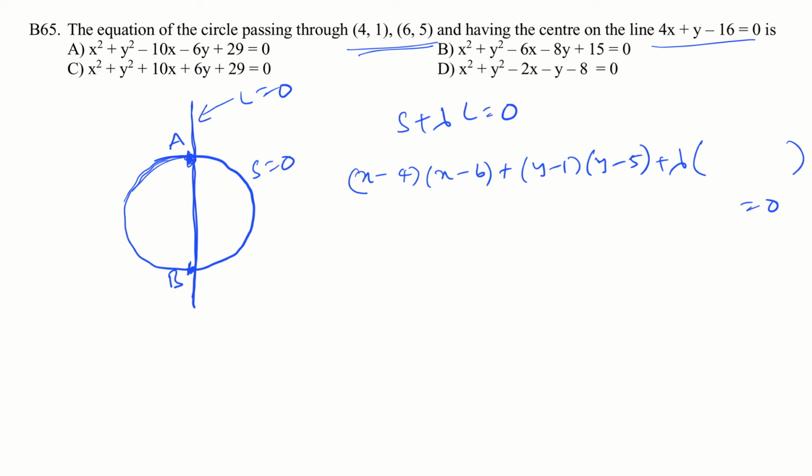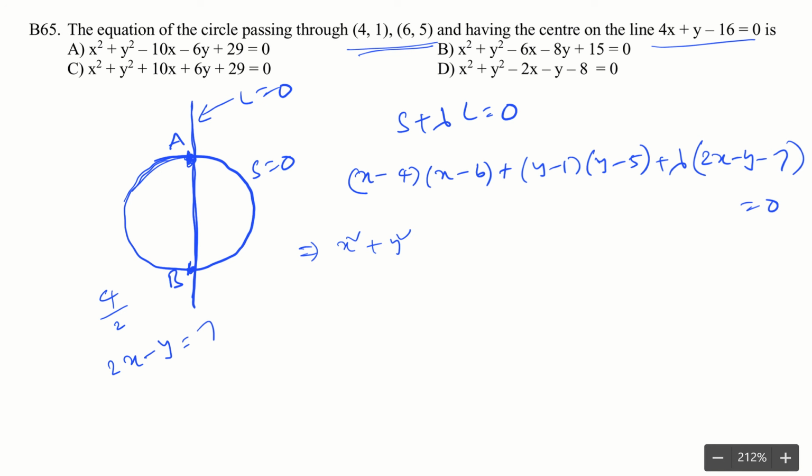You can see that the slope is 4 by 2, that is 2 is the slope, so I have 2x minus y is equal to, it's passing through (4, 1), so it is 7. Therefore the equation of AB is 2x minus y minus 7. So the required circle is of this form. Now simplifying this, I'll have x square plus y square minus 10x minus 6y plus 24 plus 5, that is 29, plus lambda times (2x minus y minus 7) equal to 0.